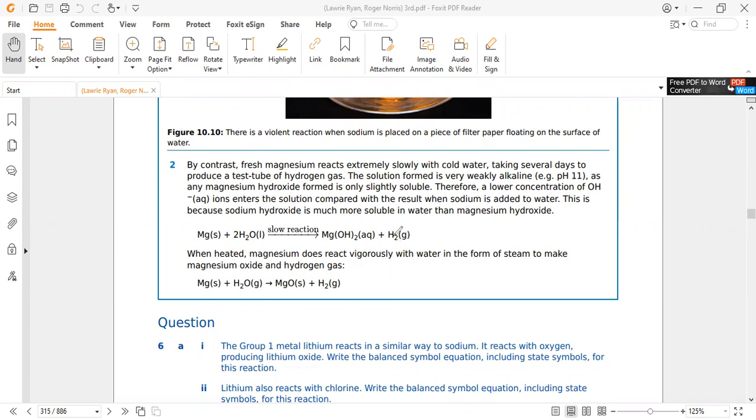So there are two equations. In the case of cold water, the liquid state at room conditions, they produce hydrogen gas as well as magnesium hydroxide. But this reaction is very slow. To speed up the reaction, you either heat the water or the magnesium, so the reaction becomes faster. The end product also changes, becoming magnesium oxide and hydrogen gas. So one product remains the same, while the other changes as the temperature changes.